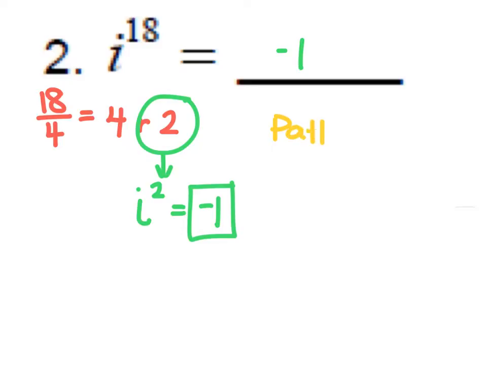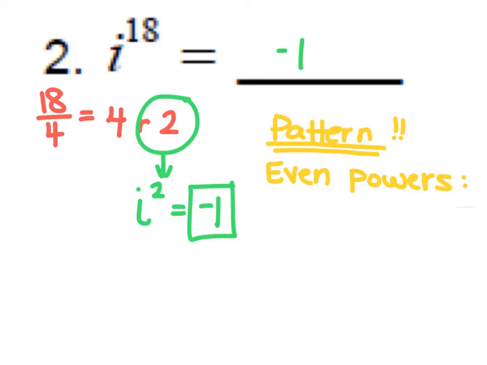And eventually what you're going to learn after doing a lot of these is that if you have i raised to an even power, guys, even powers are either going to be divisible by 4 or divisible by only 2, if it's not divisible by 4.